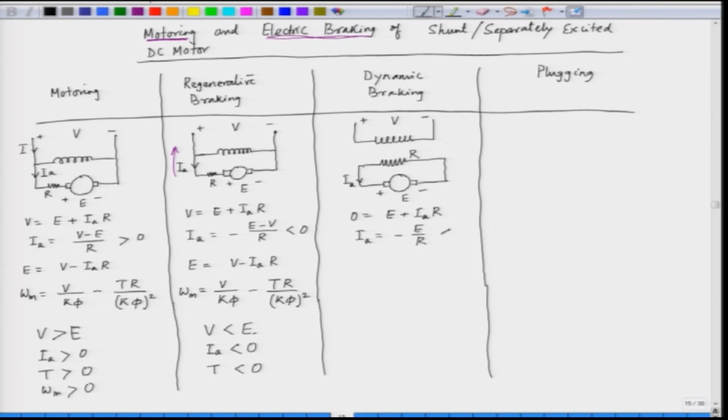As before the current is negative here, it means the current is flowing in the opposite direction. So, it is circulating through the resistance. So, it is being dissipated as heat in the resistance.